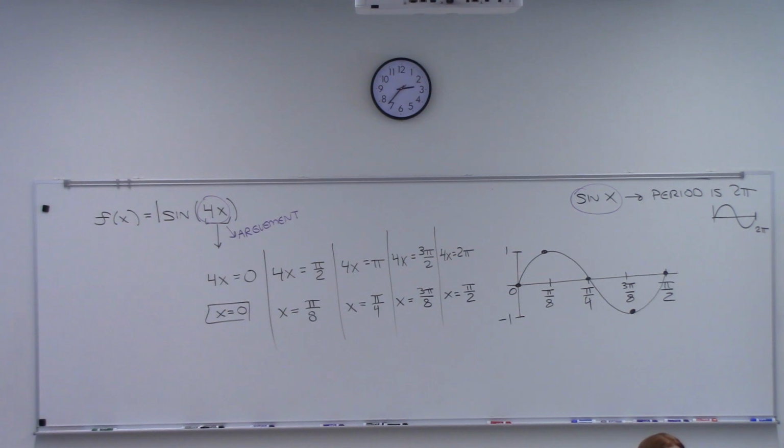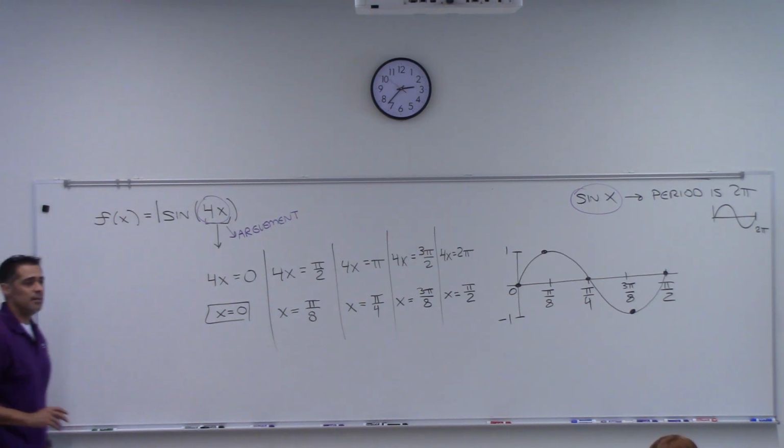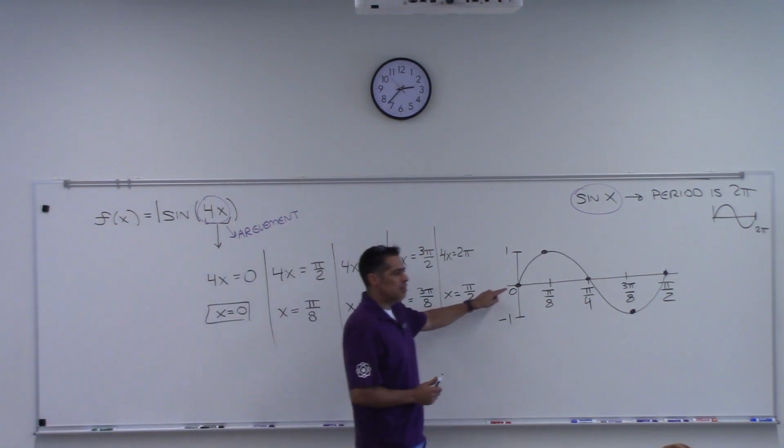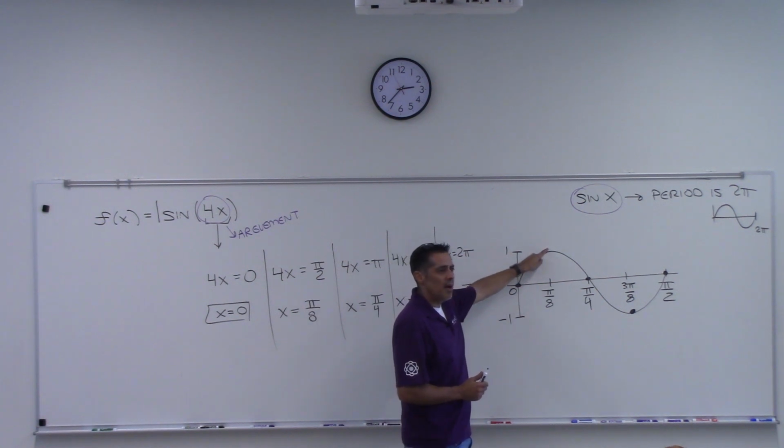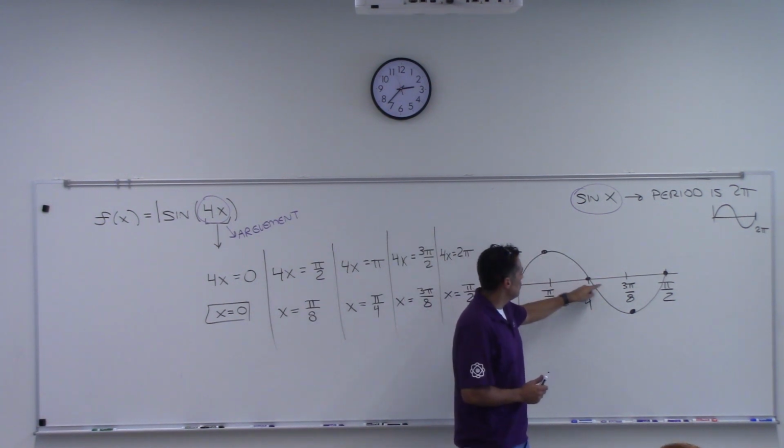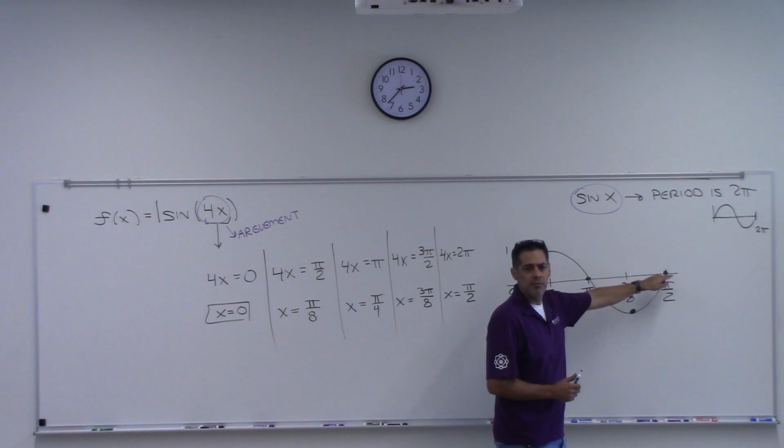They're not showing pi over 8. I need to change the scale. Let me see if I can do this. Pi over 16. There we go. All right, do we have the same thing? 0. At pi over 8, it's at the top. Pi over 4, 3 pi over 8, and pi over 2.